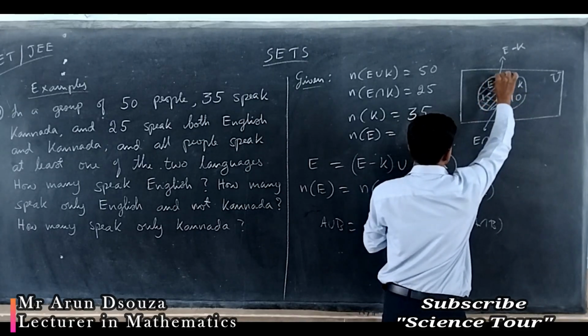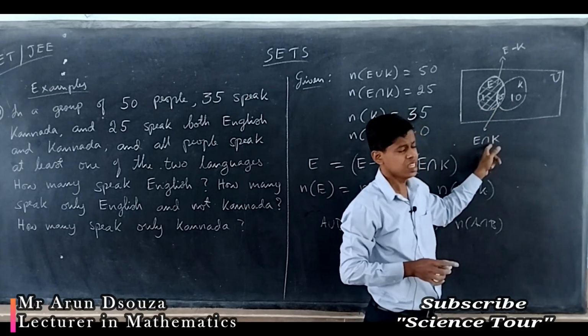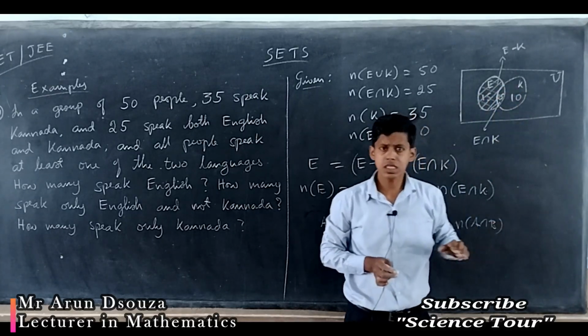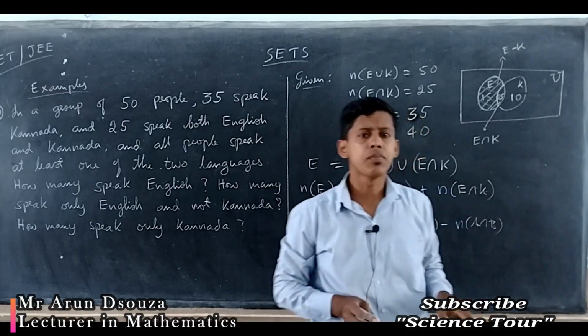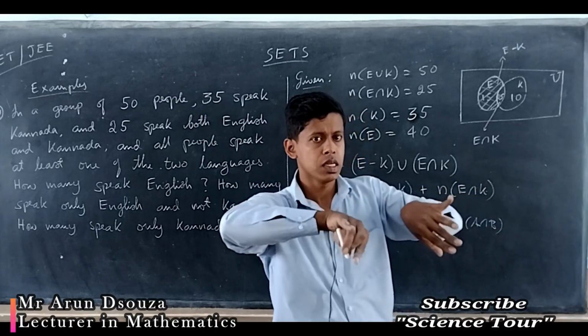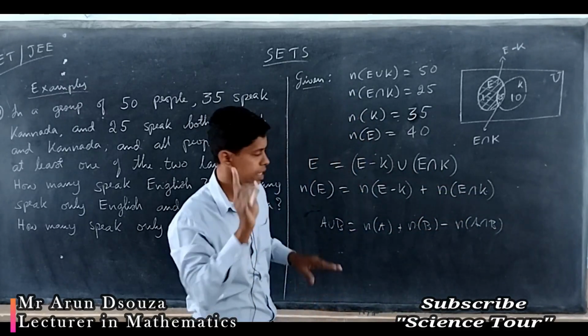And this is E intersection K. Is there anything common between them? This is totally separate. They are not intersecting. They are only touching each other, not overlapping, right?